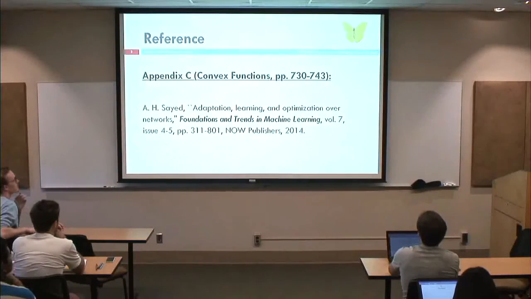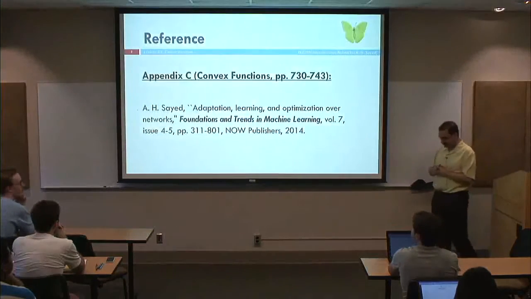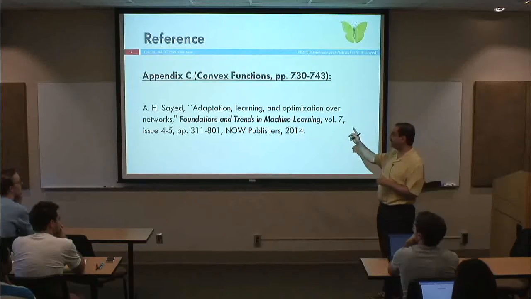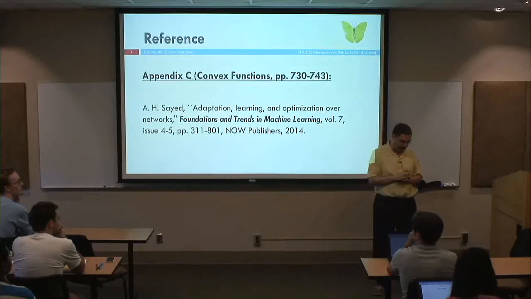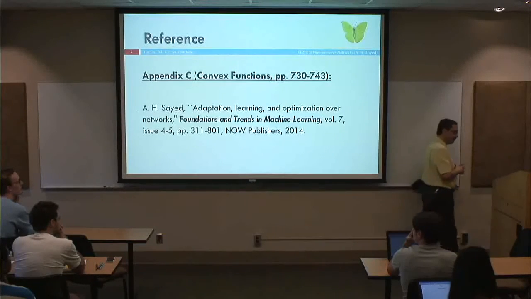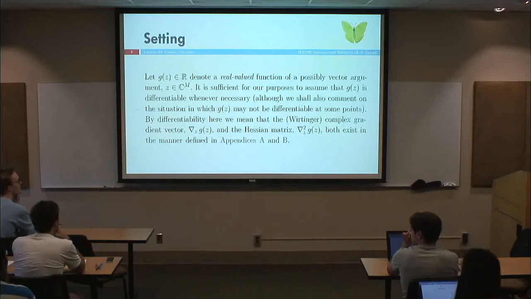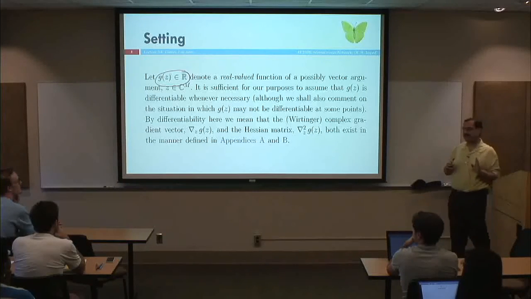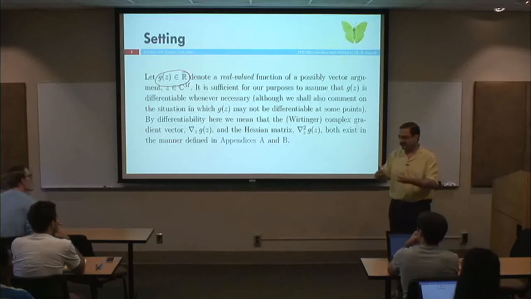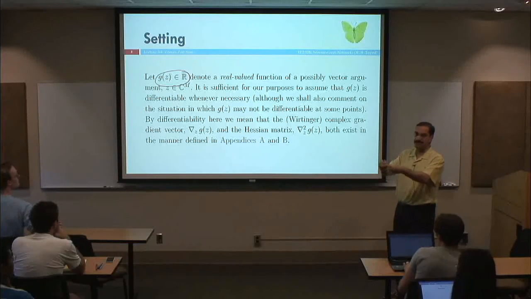So let's continue. This is the reference for this lecture. It's Appendix C from the text I mentioned to you last time, which you can access on my website. So again, the setting is the following. I have a function, and like I said, 90% of the time or more, our functions will be real valued because these are the cost functions.